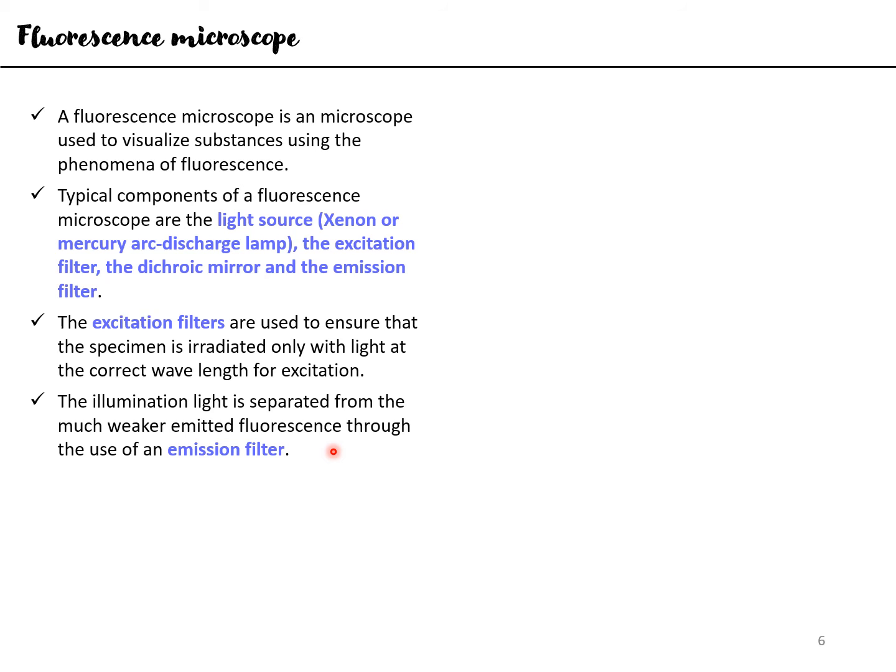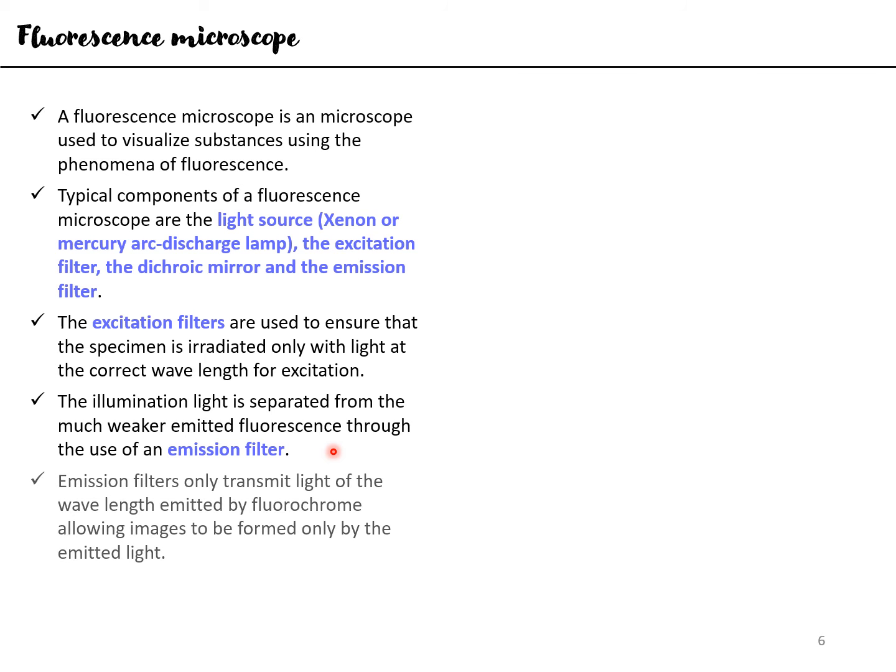The excitation filter was also filtering out light of these undesired wavelengths, but it is quite possible that some rays leak through, and it is not 100% efficient. Nothing is. So you have the emission filter as an additional layer of protection to ensure that whatever you're observing is only fluorescence from the fluorophore and nothing else masking it.